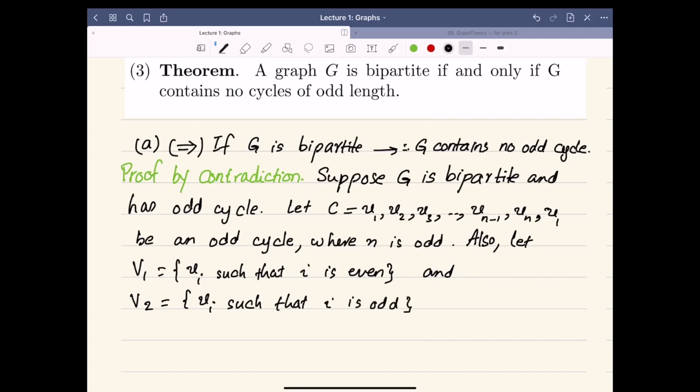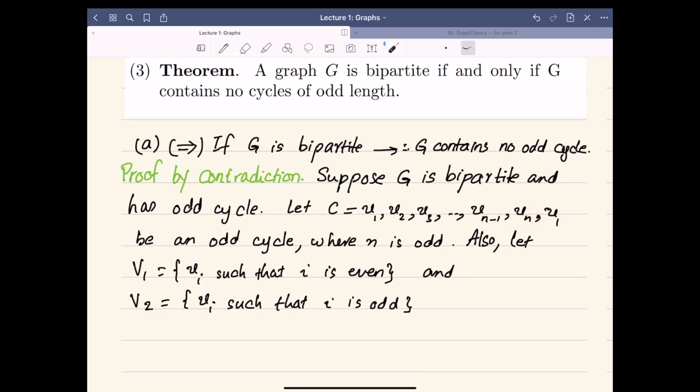What are these two partitions? In the first partition we put all vertices that have an even subscript, so the members of V1 will be v2, v4, and so on. The members of V2 will be v1, v3, v5, and so on, and don't forget we also have vn inside V2 because n is odd.